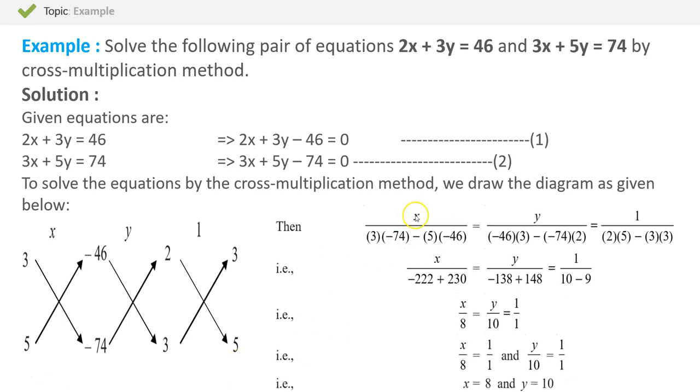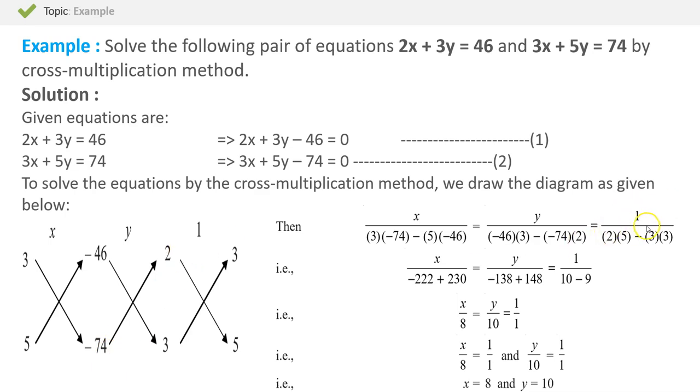Now I'm ready to write the equation, right? So I can write that as x divided by 3 multiplied by minus 74 minus 5 multiplied by minus 46. Y divided by minus 46 multiplied by 3, which you can see here, right? Minus 74 multiplied by 2.